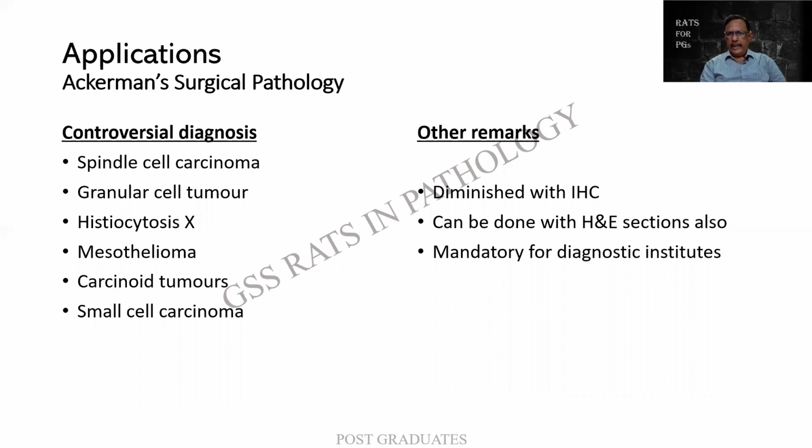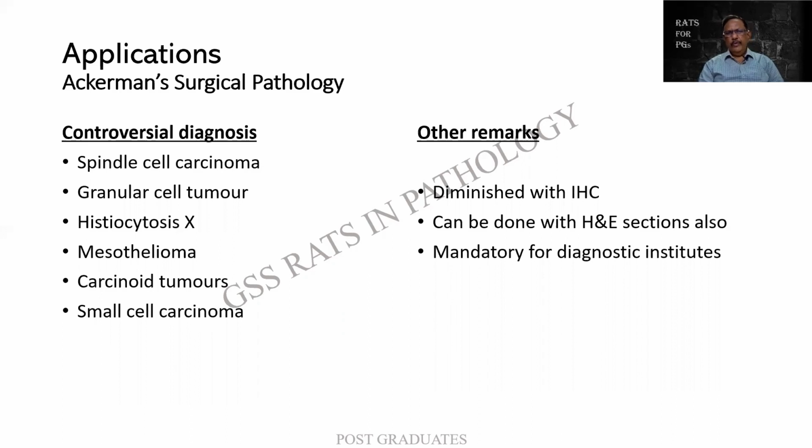These are the words from Ackerman, Surgical Pathology. The latest book will not be giving you this. I had taken it from the previous editions, in which he has mentioned the electron microscope is of use whenever there is a controversial or inconclusive diagnosis, such as a spindle cell carcinoma, granular cell tumor, histiocytosis X, mesothelioma, carcinoid tumor, small cell carcinoma.